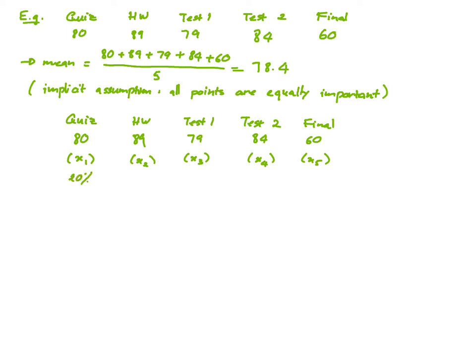The homework makes up 15% of the total grade. Test 1 is worth 20%, test 2 is worth 20%, and then the final is worth 25%. So I have the weights omega 1 right here, omega 2, omega 3, omega 4, and then omega 5. Okay?